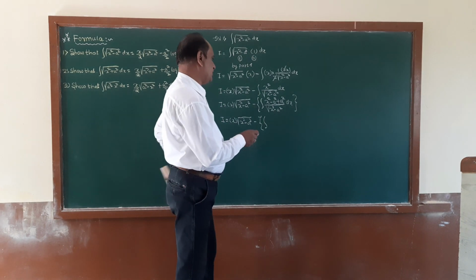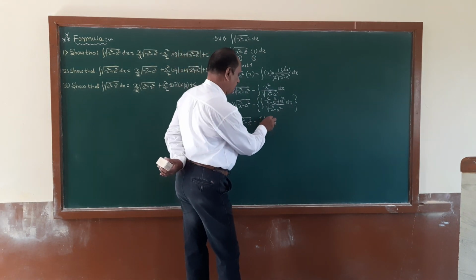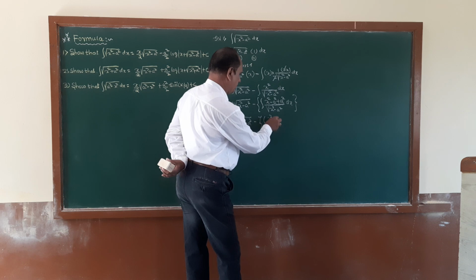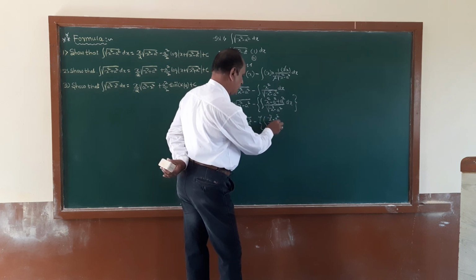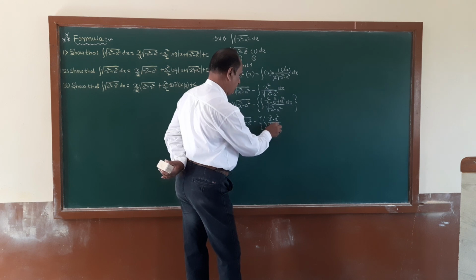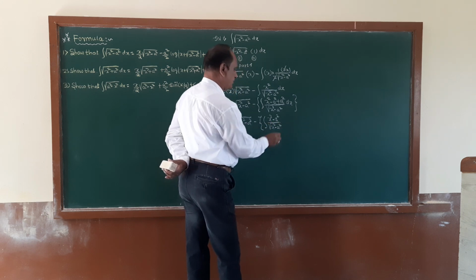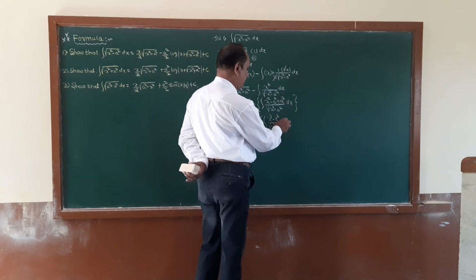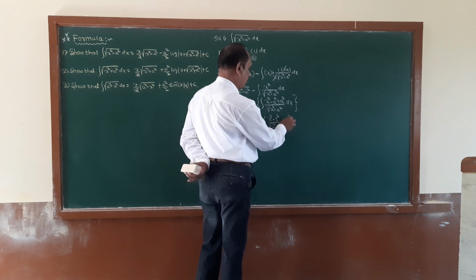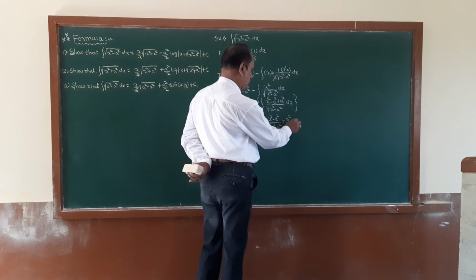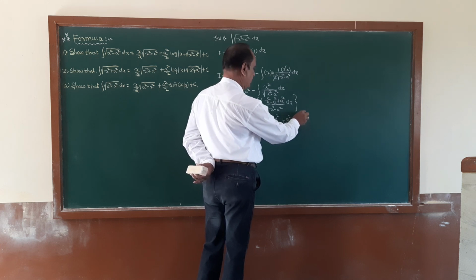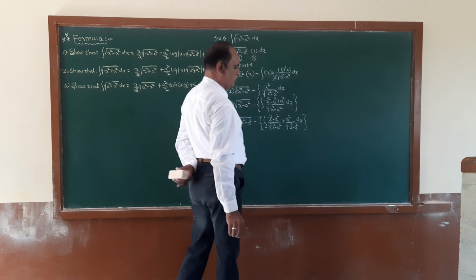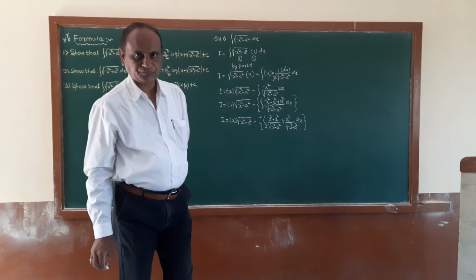Okay, so integral of x square minus a square divided by the square root of x square minus a square as it is, and then the second term, a square divided by the square root of x square minus a square, with respect to dx. So the flower bracket is completed.